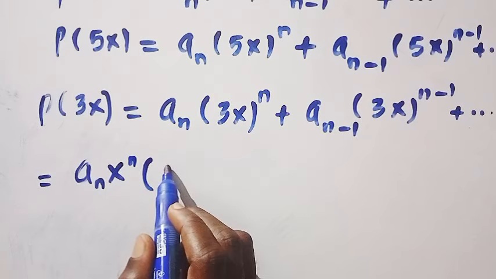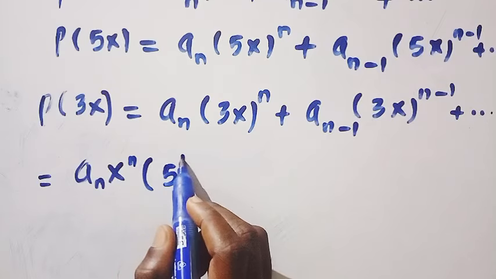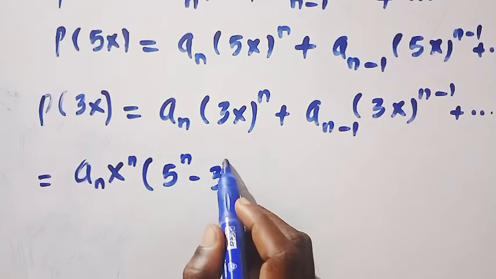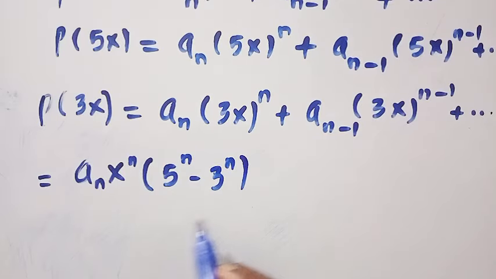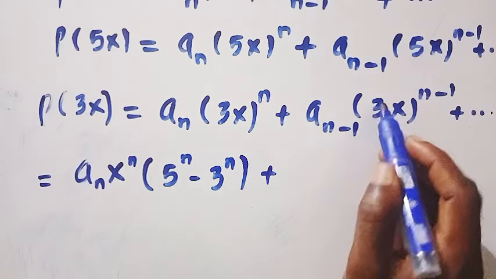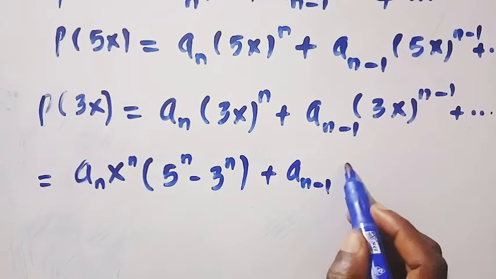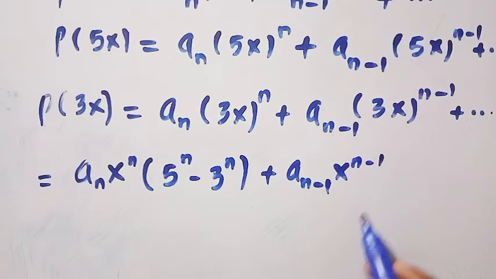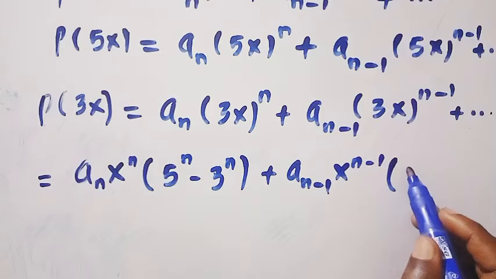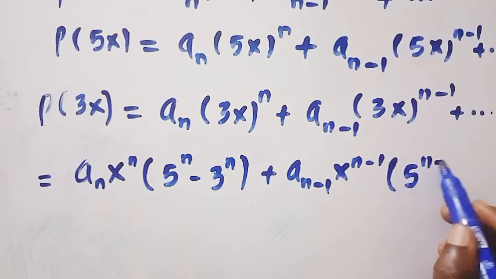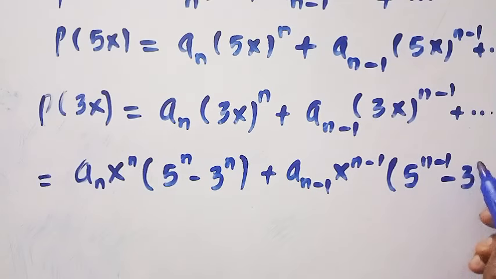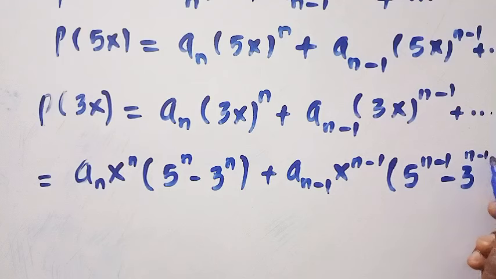In the bracket, we have 5 raised to power n minus 3 raised to power n. And what is common here as well is a_(n-1) x raised to power n minus 1, with bracket 5 raised to power n minus 1 minus 3 raised to power n minus 1. And this is how it continues.